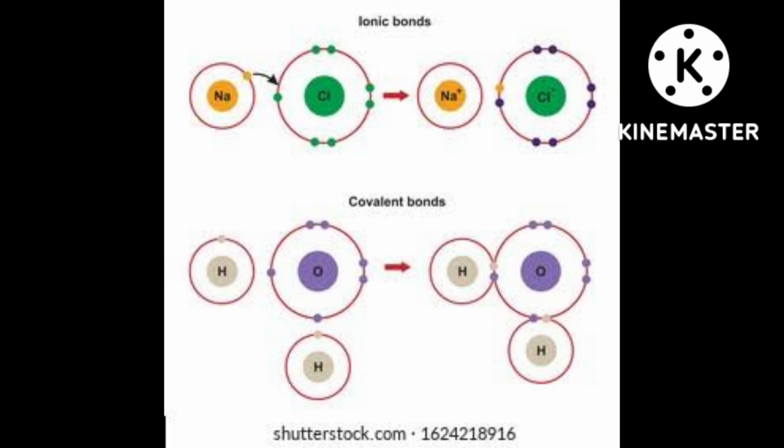For a bond angle, at least three atoms will be there. One will be in the middle, that is called the central metal ion, and two others are called ligands.